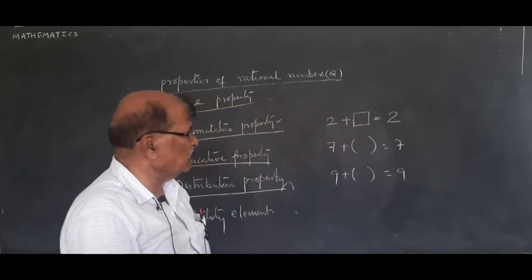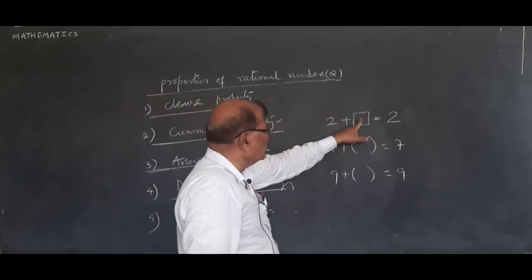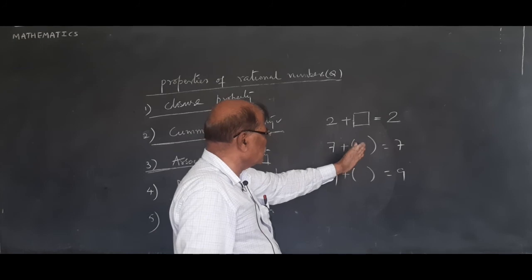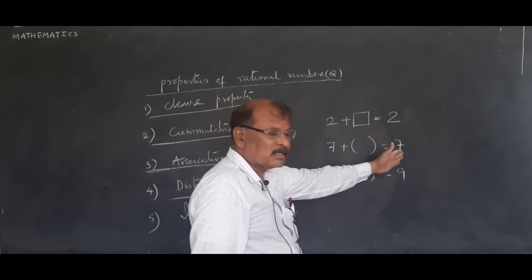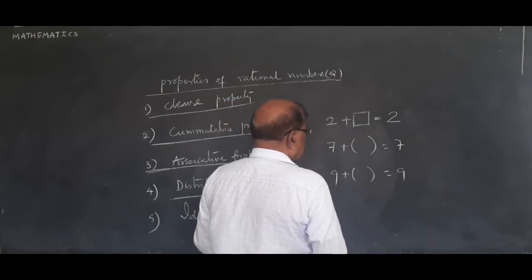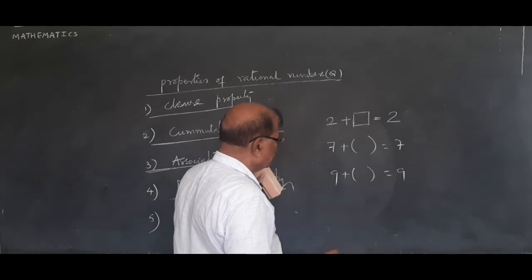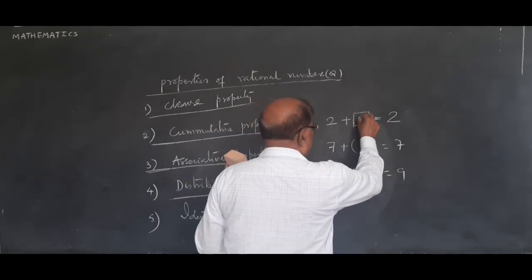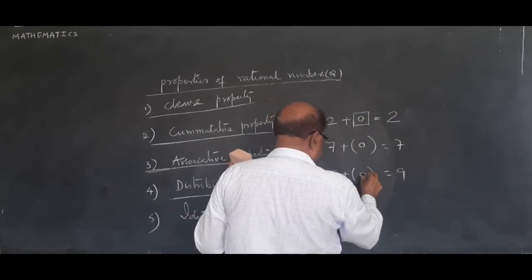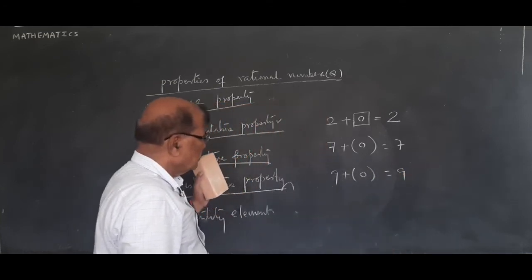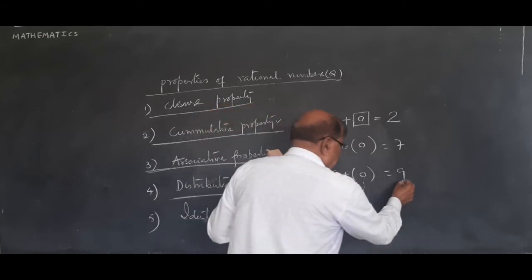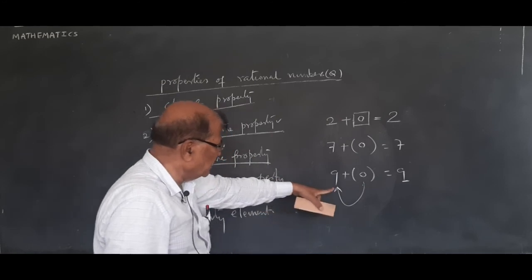Suppose if we add 1 to 2, 3 is not equal to 2. If we add 2 to 7, 9 is not equal to 7. So you select the number which is suitable: if you add 0, 2 plus 0 is 2, 7 plus 0 is 7, 9 plus 0 is 9. So if something is added to any number and the number does not change, it is called an identity element in addition.